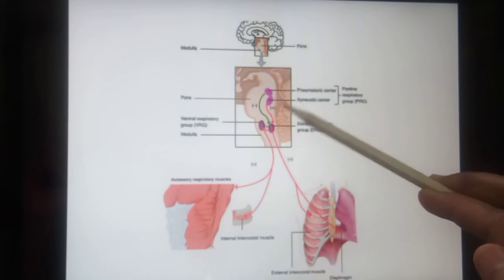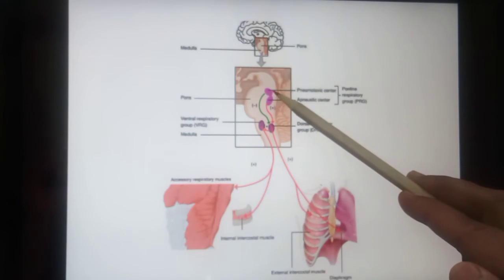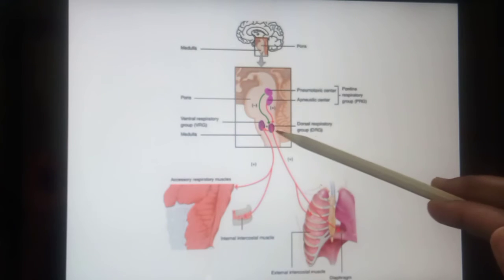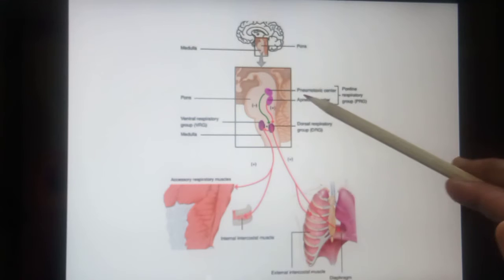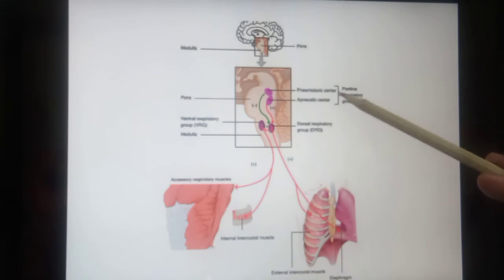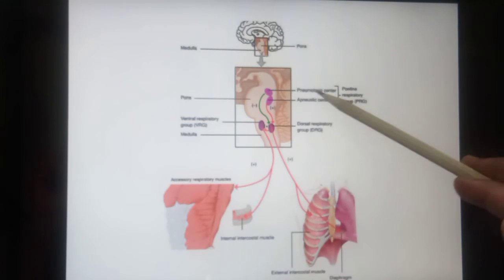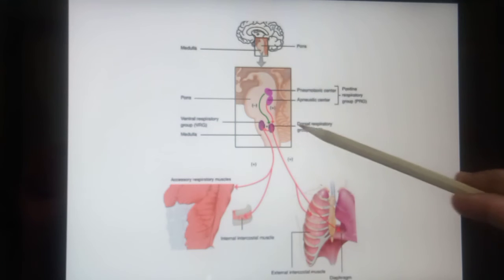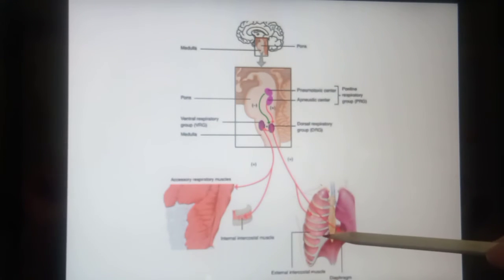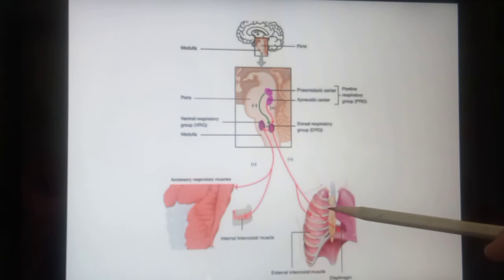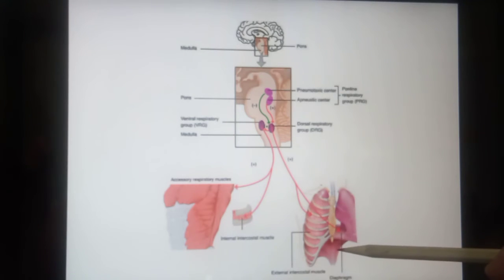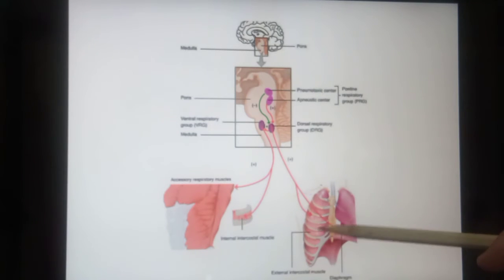But there is one center in the pons which controls the dorsal respiratory group, called the pneumotaxic center. The pneumotaxic center stops the dorsal respiratory group from contracting, and when it stops, these muscles relax so that expiration is done.